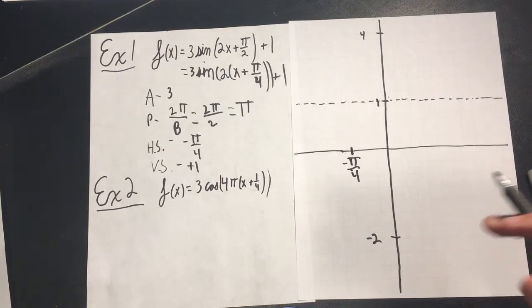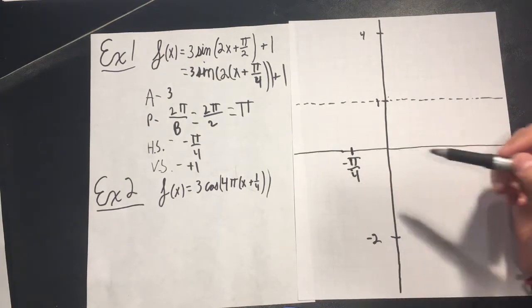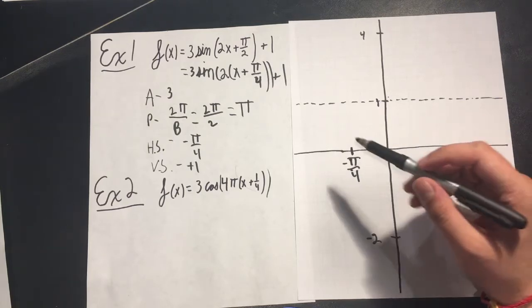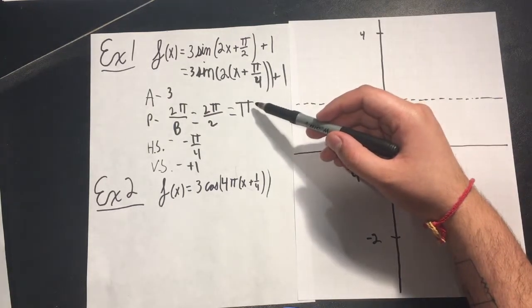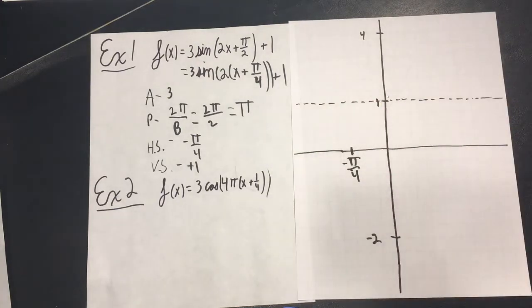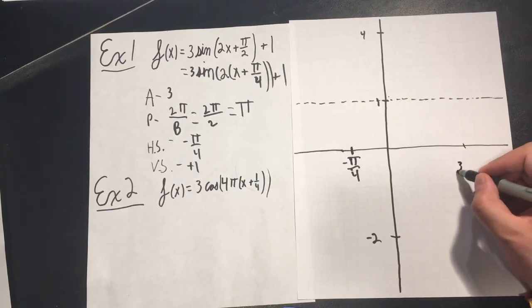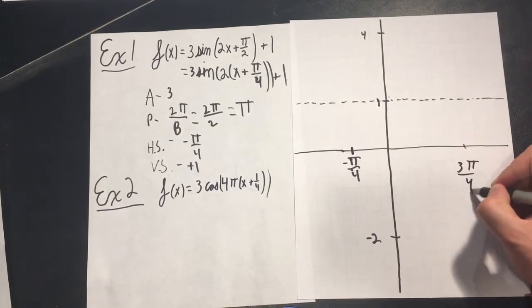So if your cycle starts here, where should it end? In this case, just by adding your period to your horizontal shift, we get 3 pi over 4. Right about there. 3 pi over 4.